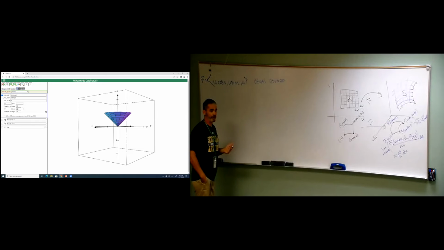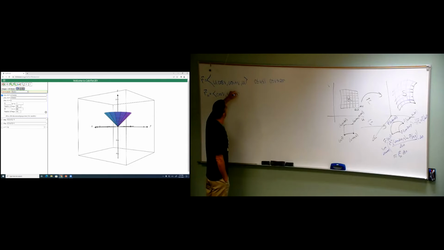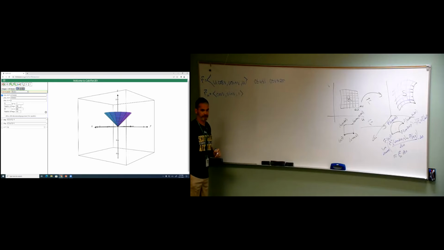So we need both the partials. You guys should be good at partials by now. So R with respect to U. Well, we're taking the derivative with respect to U means that V is our constant. So cosine V, sine V, 1, right?